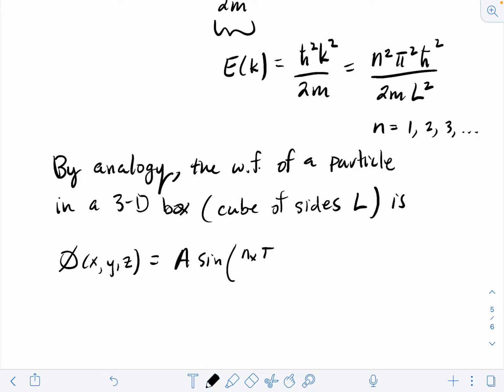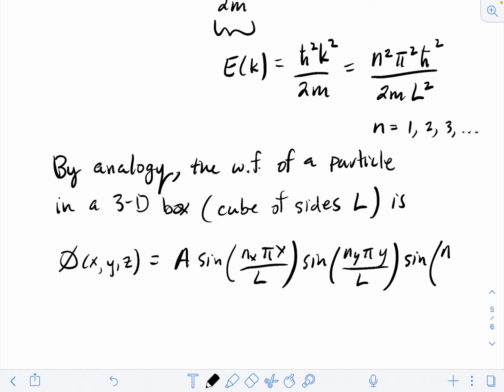And so we'll have a standing wave condition along the x-axis and a standing wave condition along the y-axis and along the z-axis.